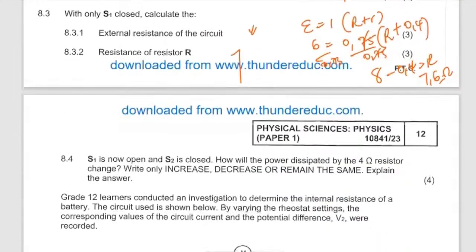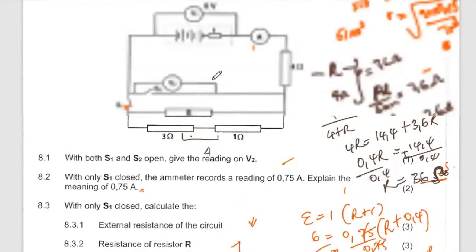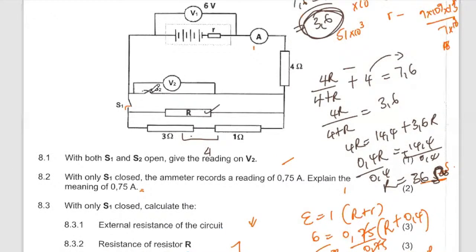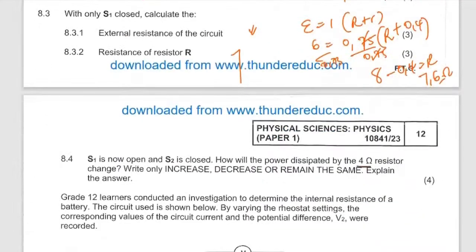Okay, makes sense. Then 8.4: S1 is now open and S2 is closed. How will the power dissipated by the 4 ohm change? So if this is open and this is closed, the current will just take this switch. Remember, this whole thing is 3.6 ohms combined, and this is a 4 ohm. Now, if this is off, we only have 4 ohms within the circuit, and then the internal resistance, which is always a must.